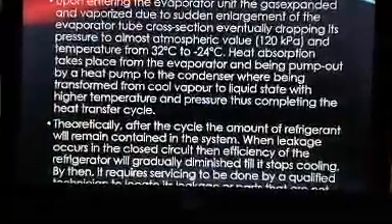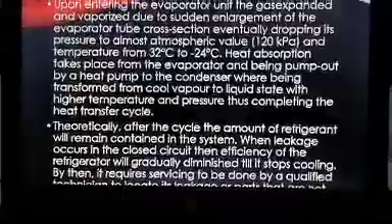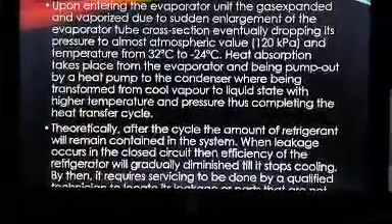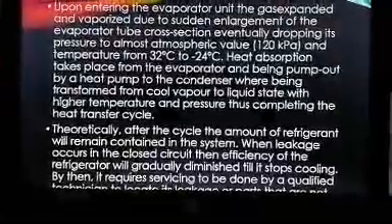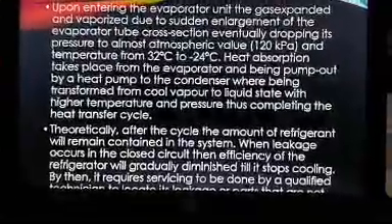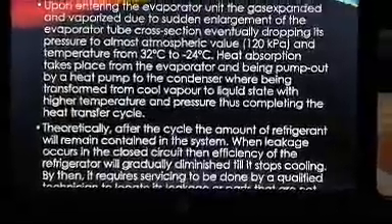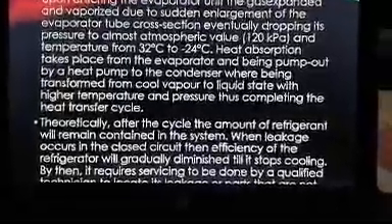Theoretically, after the cycle, the amount of refrigerant will remain contained in the system. When leakage occurs in the closed circuit, then the efficiency of the refrigerator will gradually diminish till it stops cooling.